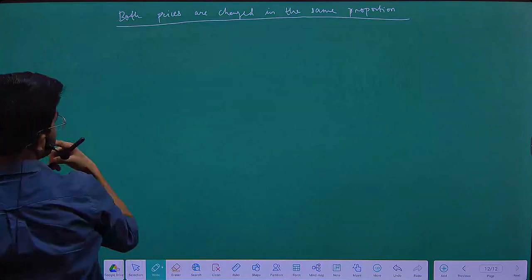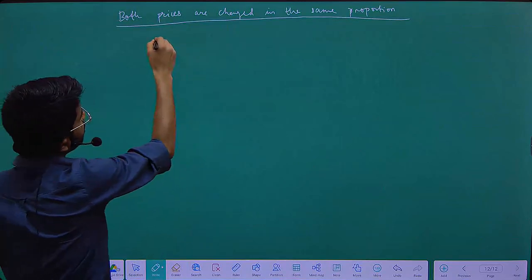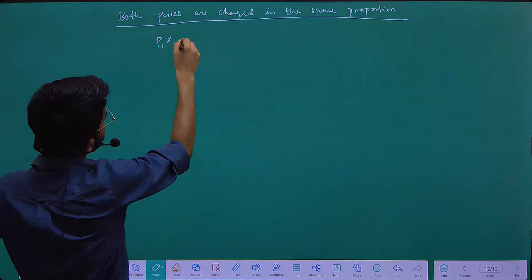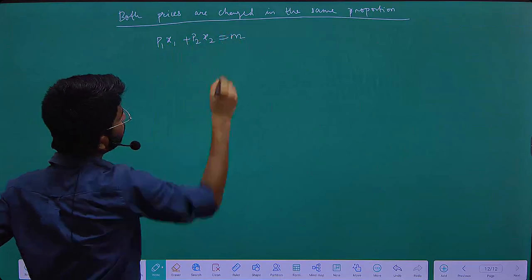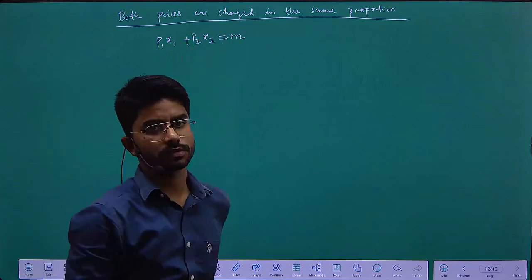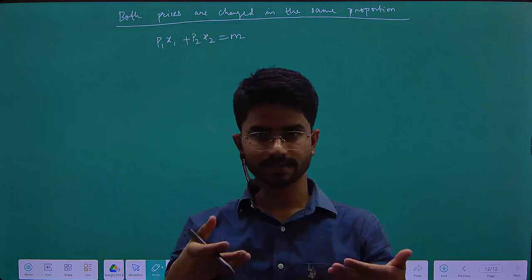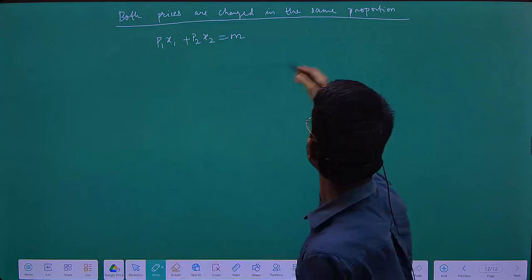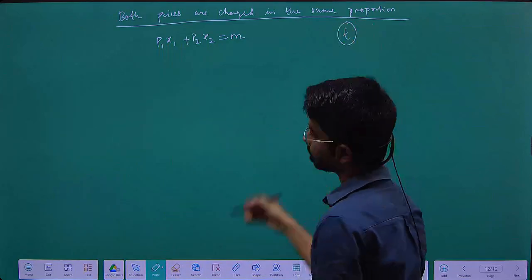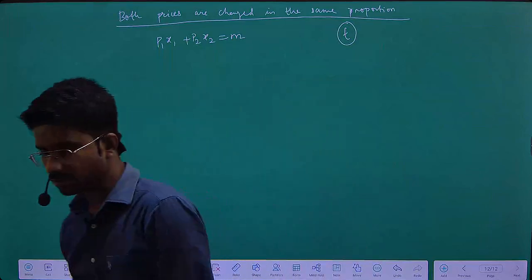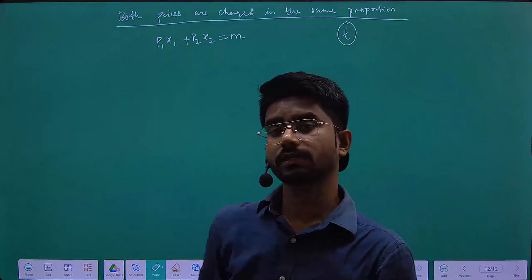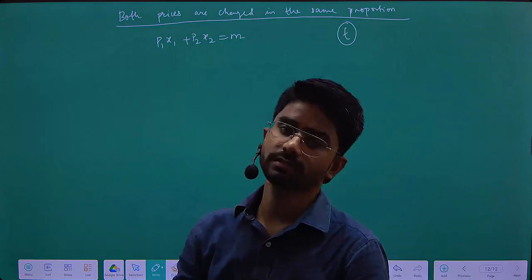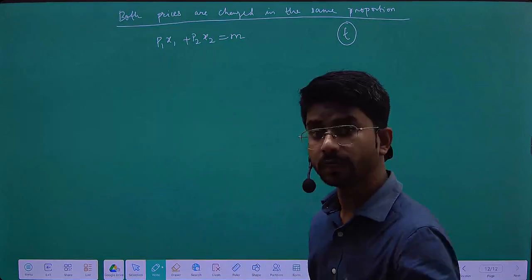Just suppose it is P1x1 plus P2x2 equal to M. Now suppose both the prices have increased by a factor of T. So if you went to the market and saw that the prices were doubled, then your T would be 2.